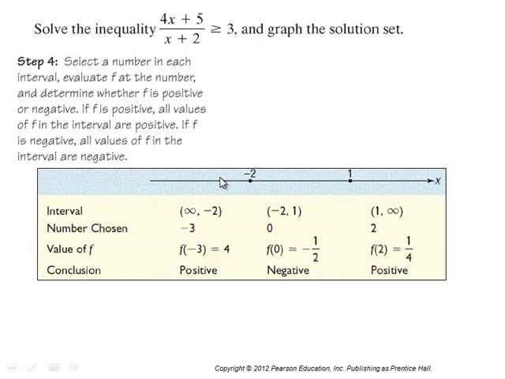Like at -3 here, f of -3 is 4, so that means the function is positive. And 0 is our test point over here, and f of 0 is negative. That means the function's negative entirely on this interval, from -2 to 1. And then pick maybe 2 as a convenient test point to the right of 1, and f of that number is a positive number as well. So we see that the function's positive to the left of -2 and to the right of 1.